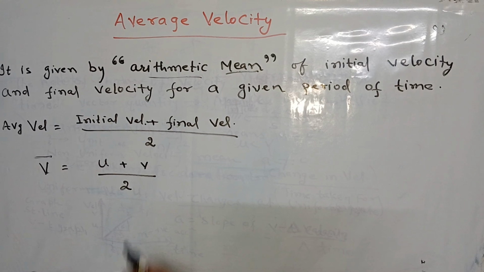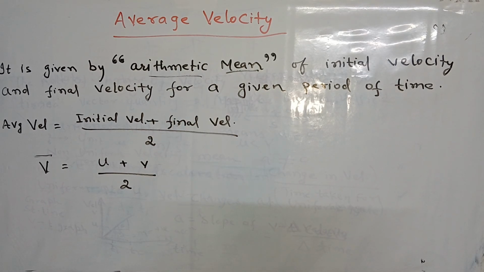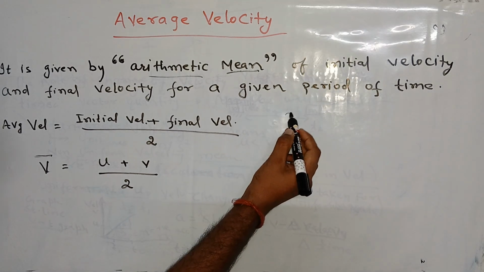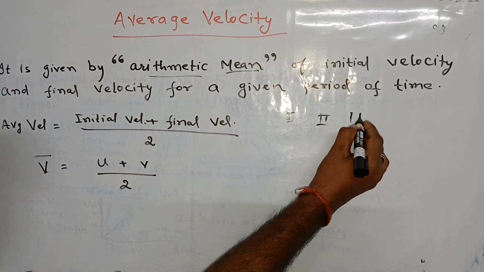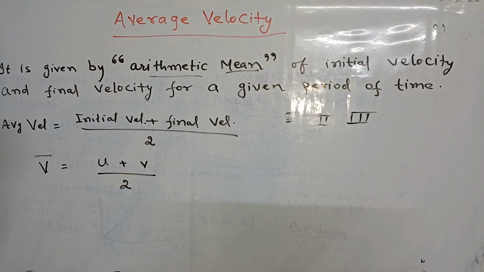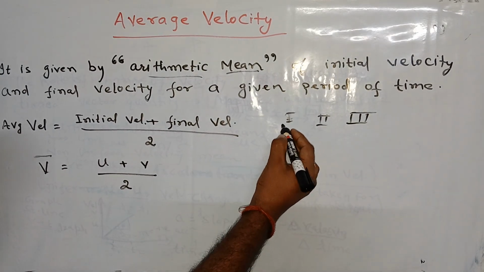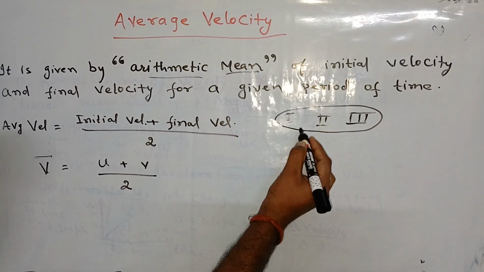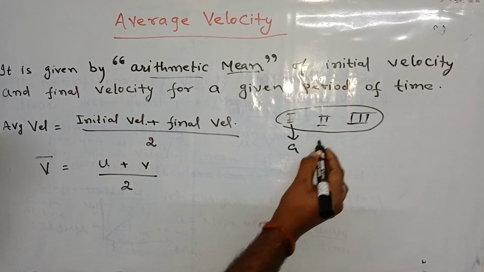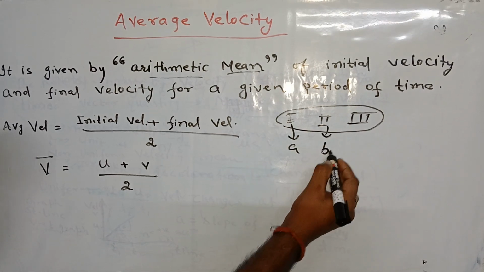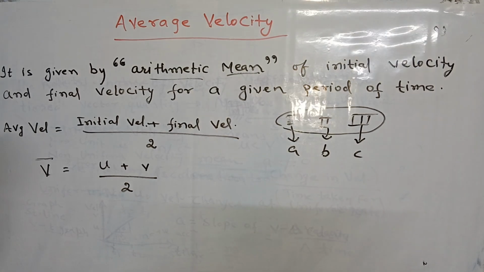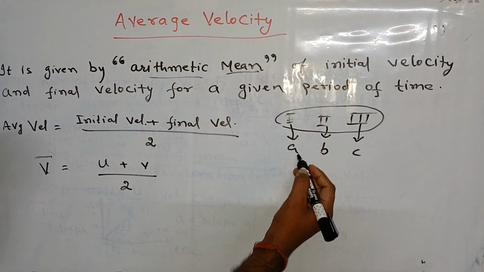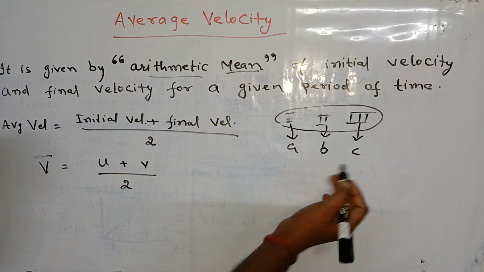How we calculate arithmetic mean, you might have read in mathematics. Suppose we have 1, 2 and 3 terms, then how can we calculate the average of these terms? Suppose this has some velocity A, this has some velocity B, and this body will have some velocity C. Then the average will be calculated as the sum of these terms upon the number of terms.